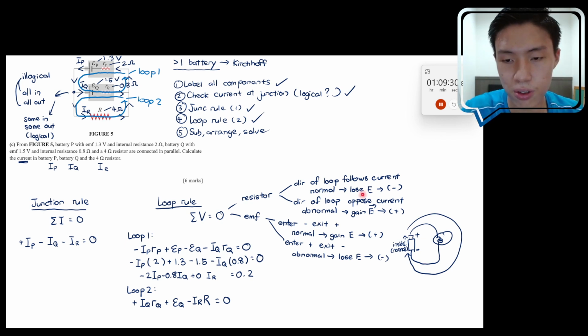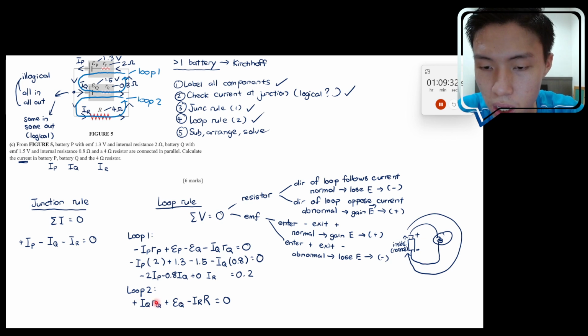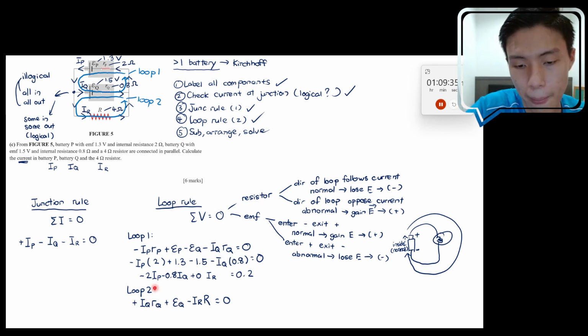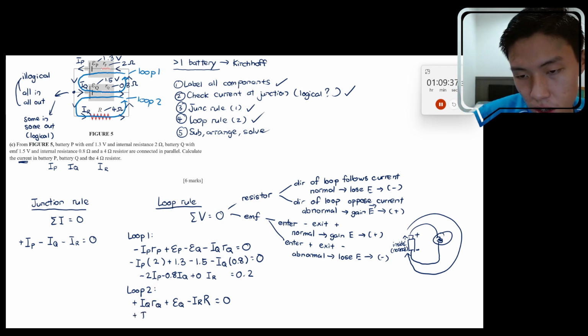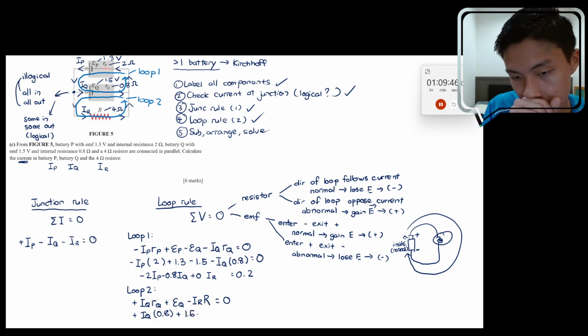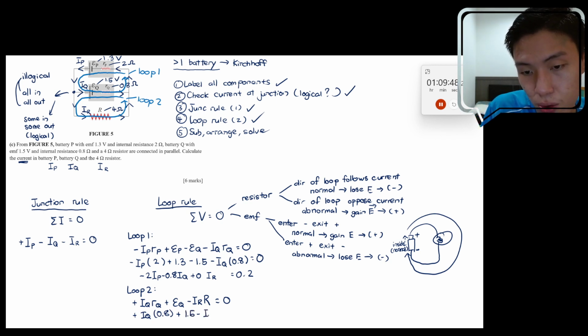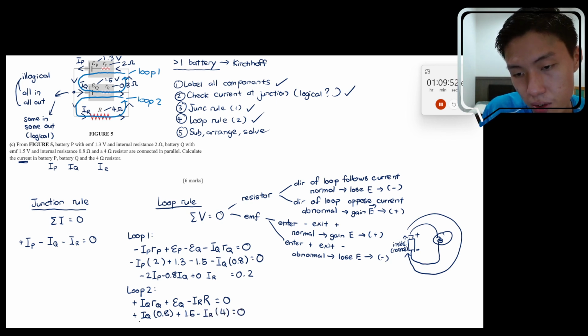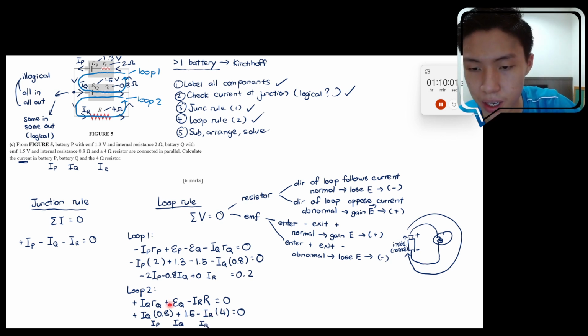Let's continue for the next equation down here. Loop 2, you can do your substitution now. Positive IQ, RQ it's 0.8 plus epsilon Q is 1.5 minus IR we don't know, R is 4. Equals to 0. Again, we arrange it. You have IP, IQ, and IR. What do you have for IP?